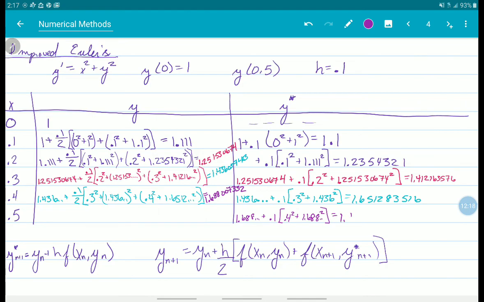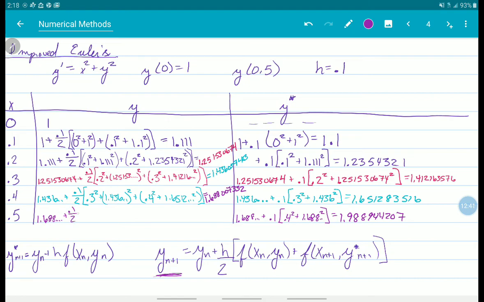So then last iteration, going back to that y star, I got 1.988944207. So then using this information for that very last iteration, this is going to be 1.688. Make sure you're using all the decimal places if you're doing this by hand.